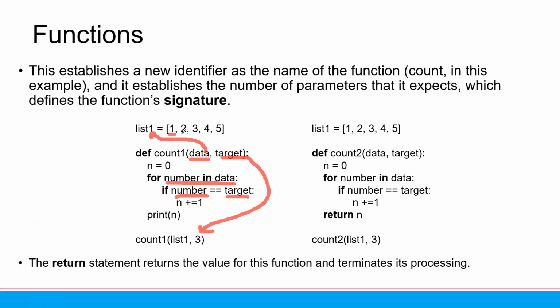No. 2 equals 3? No. 3 equals 3? Yes. Then n will be added by 1. And then it goes to the next. 4 equals 3? No. 5 equals 3? No. Then we find only 1, so n will be added only 1 time. So if we print n, the result will be 1. So you can try.